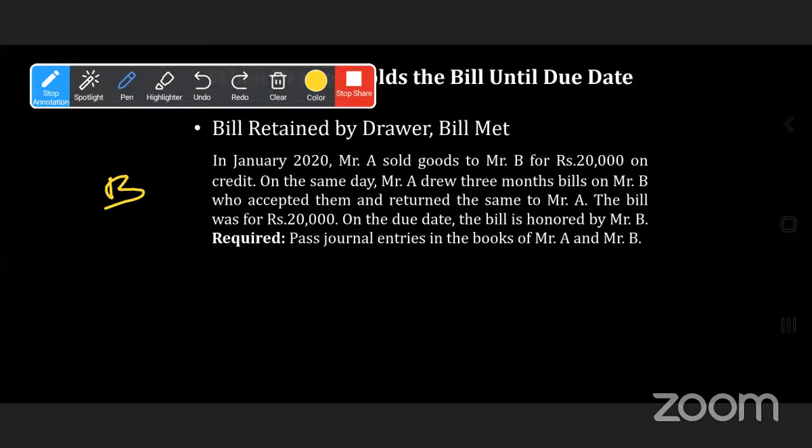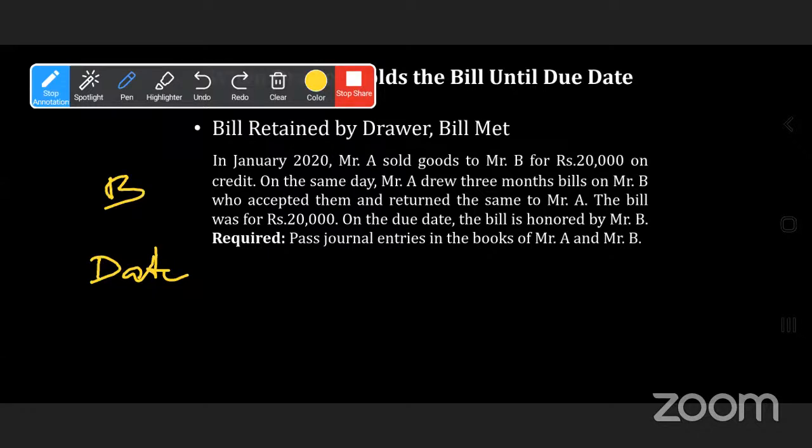Ma'am, can you make boxes and show the general entry in a proper way? Because like this, we can't understand. Okay. So this is the date. You have to write the heading as journal of Mr. B. I'm telling the format.